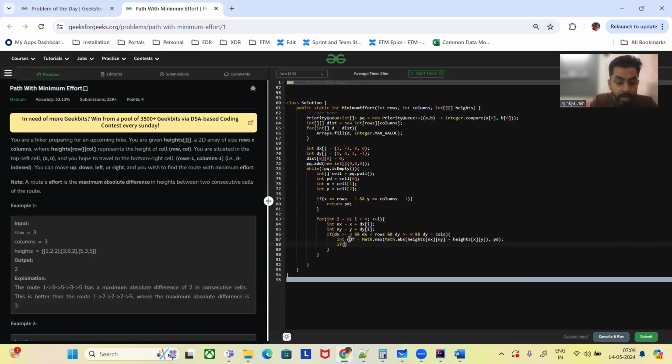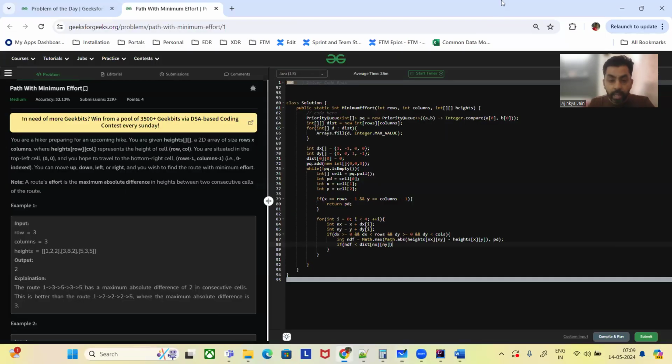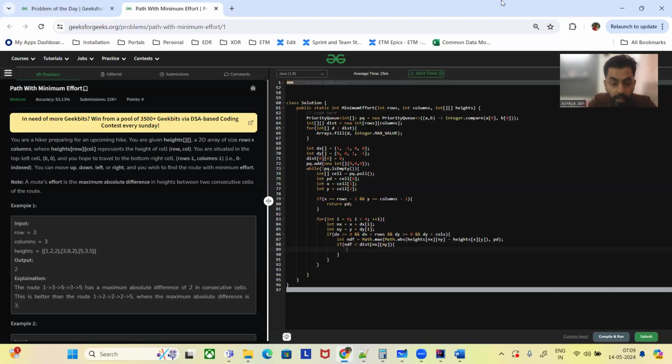Now we're going to check if NDF is less than distance of NX, NY. Earlier it was infinity here, so if NDF is lesser than the infinity, then update that: distance of NX, NY equal to NDF.